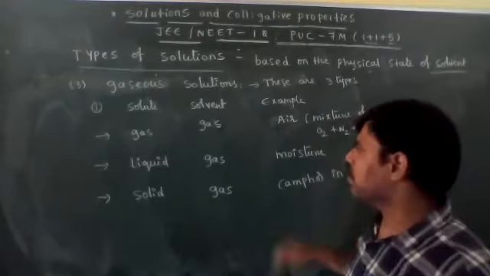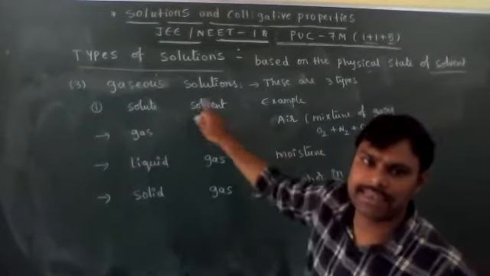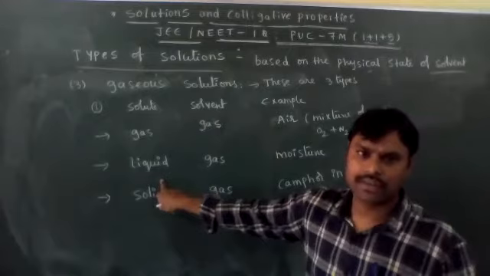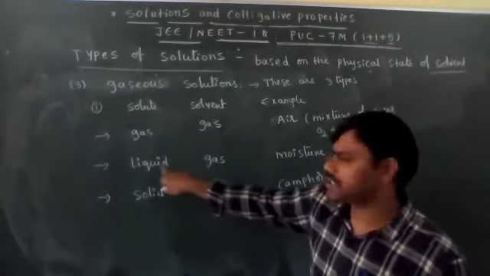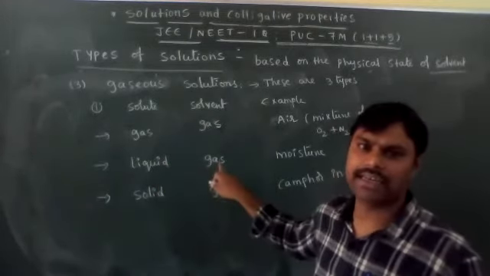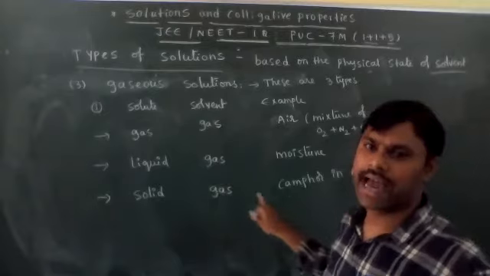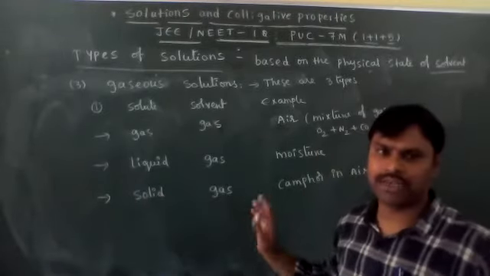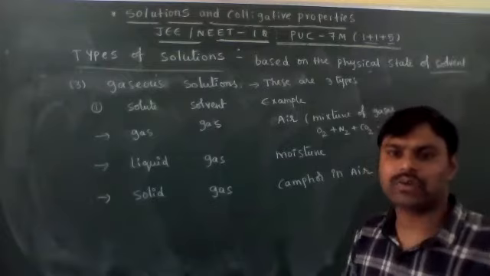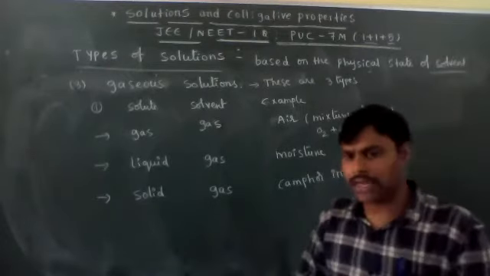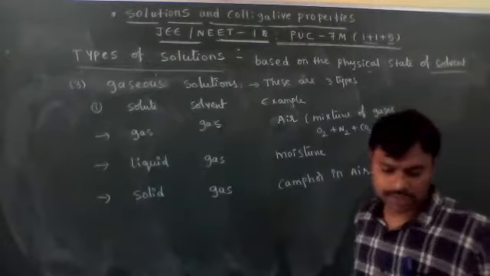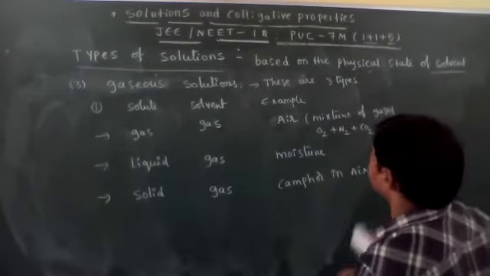Air is an example for gas in gas type of solution. Moisture is an example for liquid in gas: the solute is liquid and solvent is a gas. Camphor in air is an example for solid in gas type of solution. Questions like these are asked in board examination or objective exams. Okay students, now the second type.